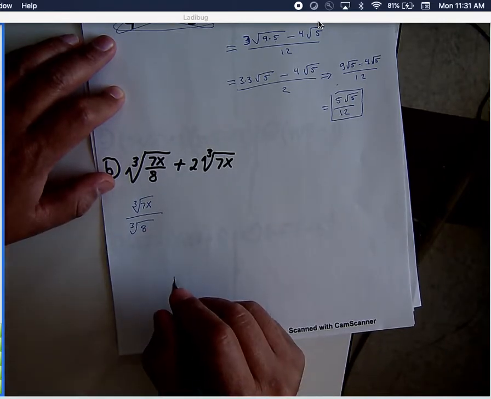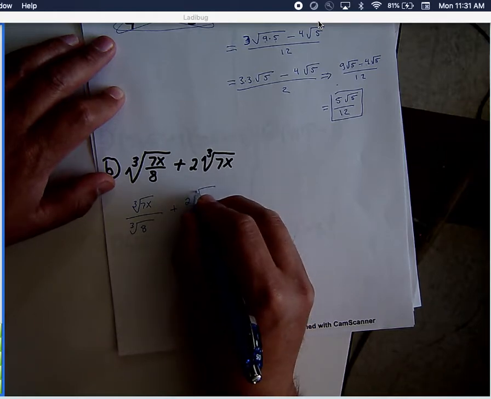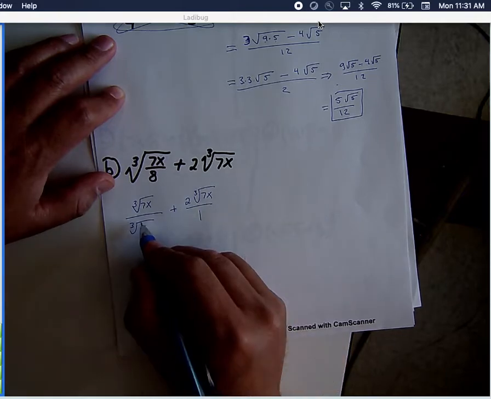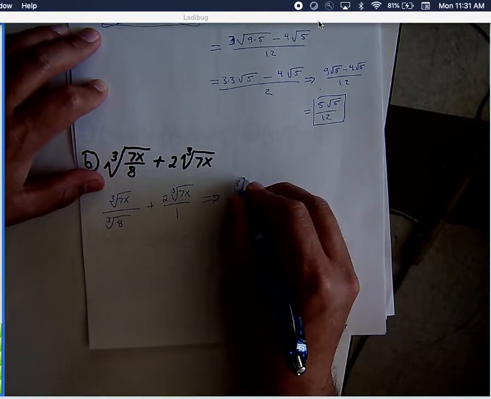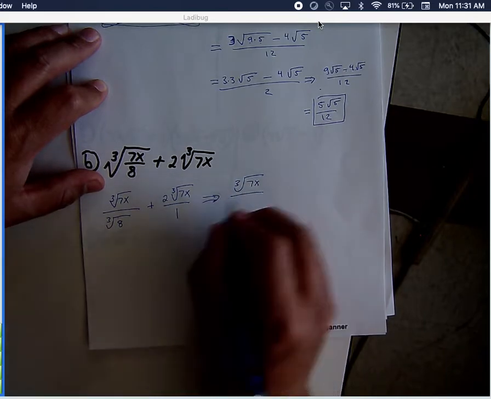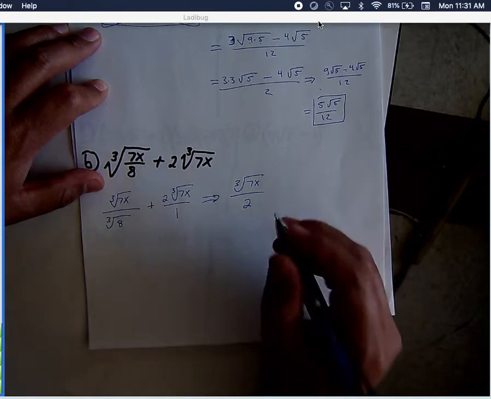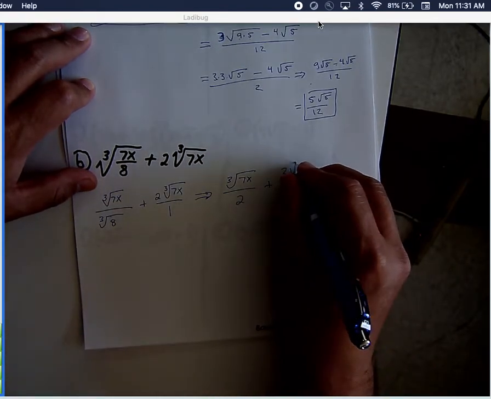And I would just put a 1 because that one's in a fraction. So cube root of 7x over cube root of 8, you know that's 2. 2 times 2 times 2 gives you 8. Plus, and then this.